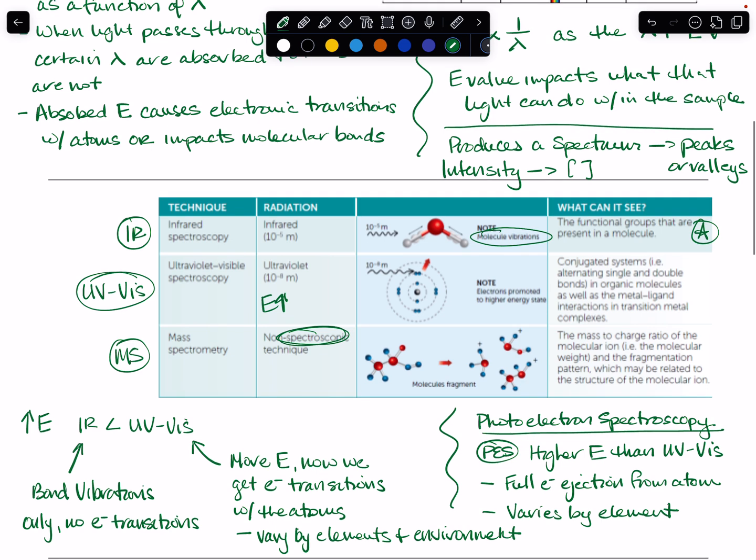We are going to look separately in different screencasts at IR spectroscopy, at UV vis spectroscopy, at PES spectroscopy, and then at mass spec. So if you have a specific technique you would like to look more at, please go look for those screencasts.